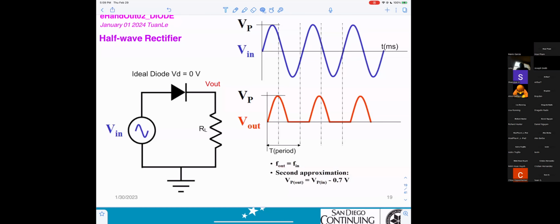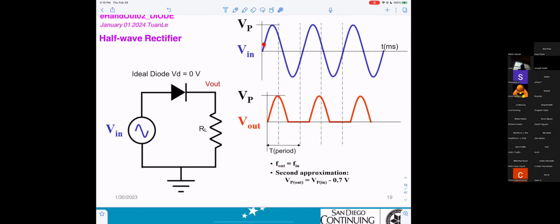Okay, now we're going back a little. Make sure you understand what a half-wave rectifier is. And you look into that, okay? This is a half-wave rectifier circuit.